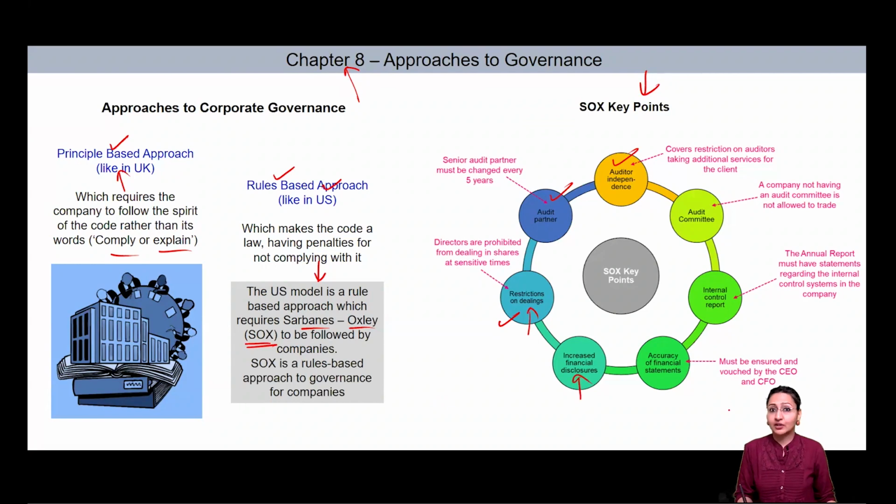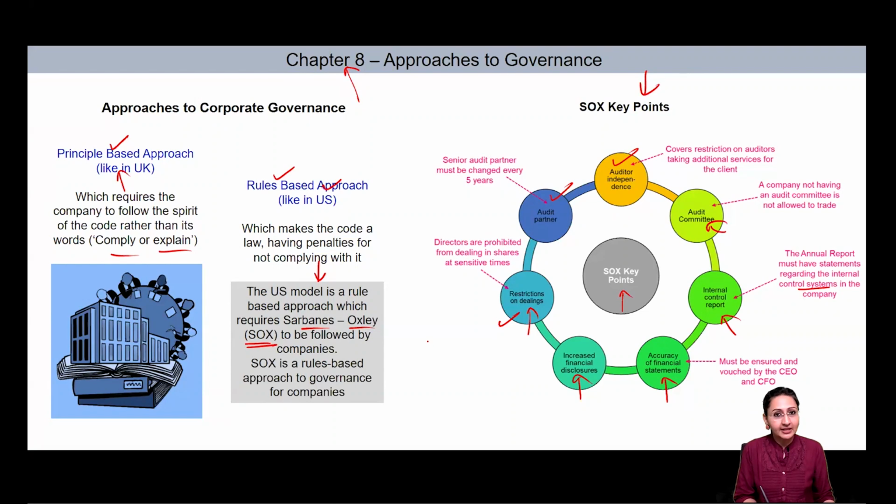Then increased financial disclosures under the SOX requirements. The companies must give detailed disclosures in the annual report. Financial statements must be accurate. They must be stamped and checked by the CEO and CFO of the company. Internal control report, that means the annual report must also talk about the internal control systems of the company, how the internal control systems are functioning, if there is any deficiency, how the management is dealing with it.